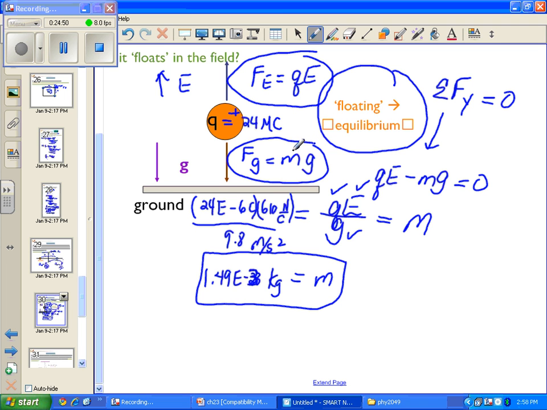If, on the other hand, this charge was less massive than 1.49 e to the minus 3 kilograms, well, the force of gravity would be too small compared to the electric force, and this charge would be accelerating upward. But when it has this value, based on this condition that we established, it will not accelerate whatsoever.